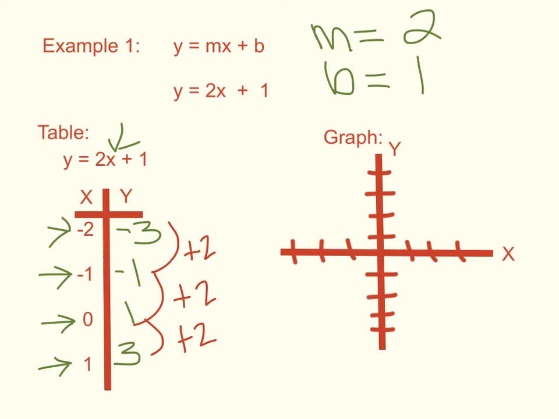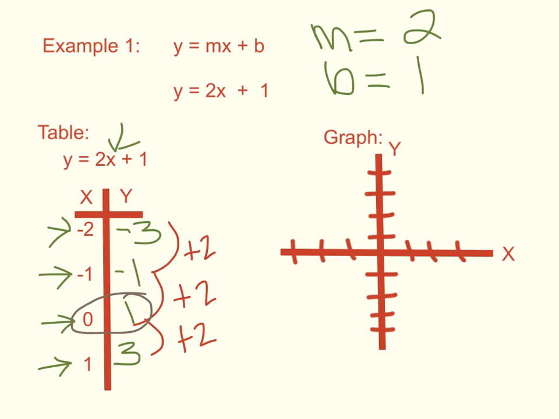We can identify the y-intercept because the y-intercept on the table is always where x is 0. So we can see that right here. You can see the y-intercept in the equation because it's in the b place. On the table, you can see the y-intercept when x is 0.